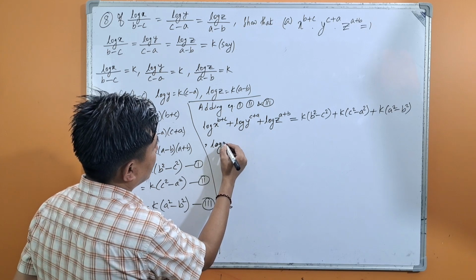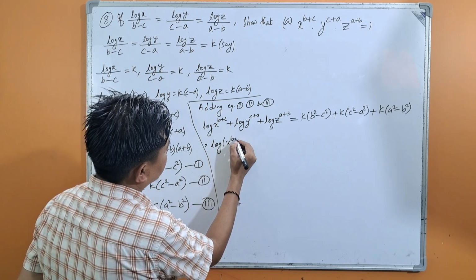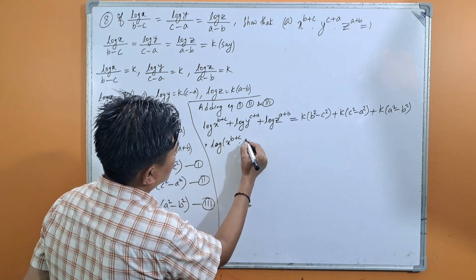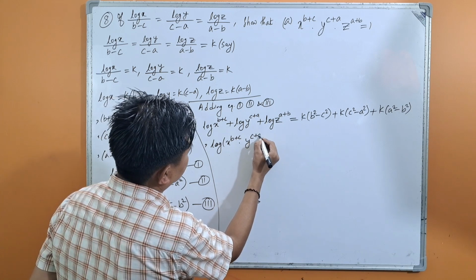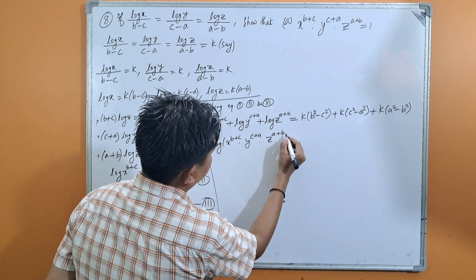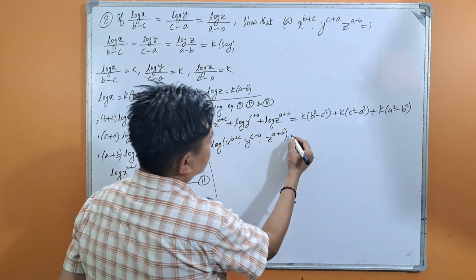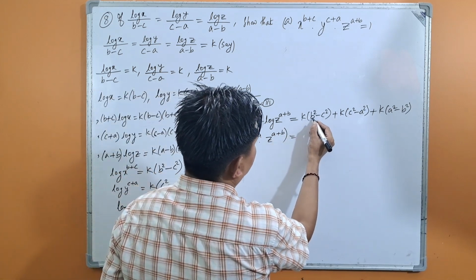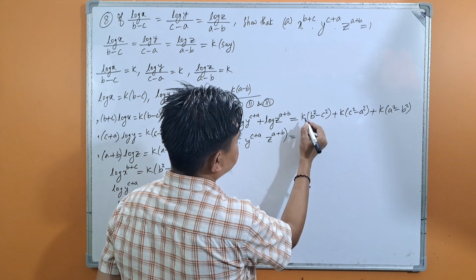Log of x to the power b plus c times y to the power c plus a times z to the power a plus b, equal to, now let us multiply both these numbers with k.